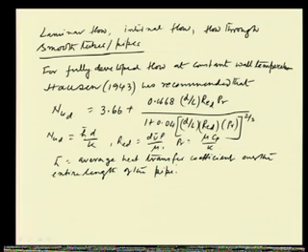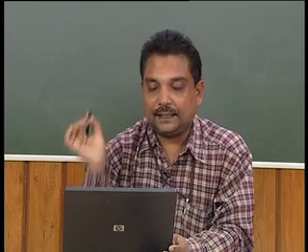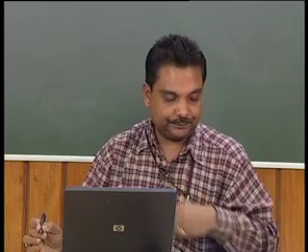Rho and mu are the density and viscosity, k is the thermal conductivity, these are the usual meanings. Cp is the specific heat and v bar is the average velocity through the pipe.